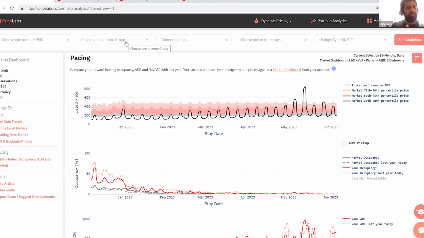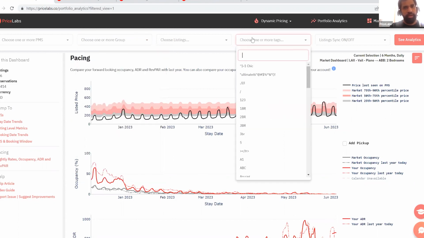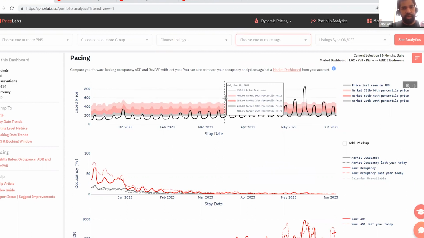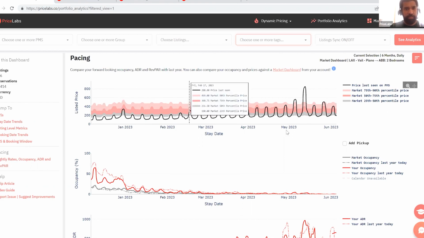In neighborhood data, you see it for each property, but here you can see it for, say, all of your lower Manhattan properties, had you created a group or a tag for it, right? And then you can see quickly how all of these properties are on average, where they are trending, and maybe there are certain dates where the market is increasing prices but you are not. And so you can quickly see that, right?